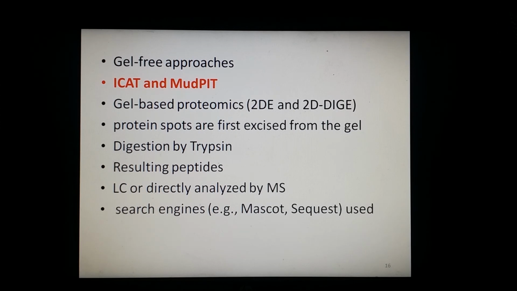The resulting peptides are then separated by liquid chromatography or directly analyzed by mass spectrometry. The experimentally derived peptide masses are correlated with the peptide fingerprints of known proteins in the databases using search engines, and these search engines are basically Mascot, Sequest, and others.